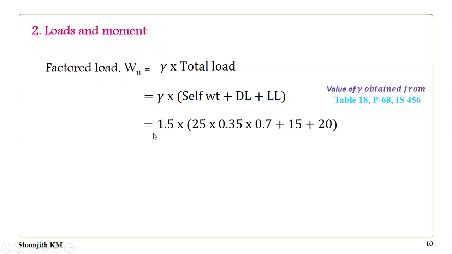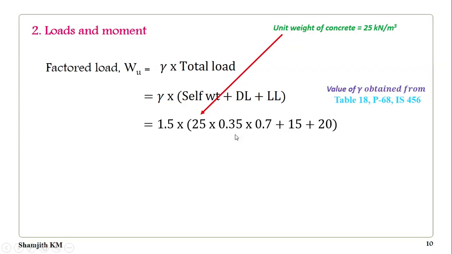We will be calculating the self weight as, this is the unit weight of concrete. 25 is the unit weight of concrete. We will be taking for RCC as 25 kilonewton per meter cube, and unit weight for PCC we usually take as 24 kilonewton per meter cube.